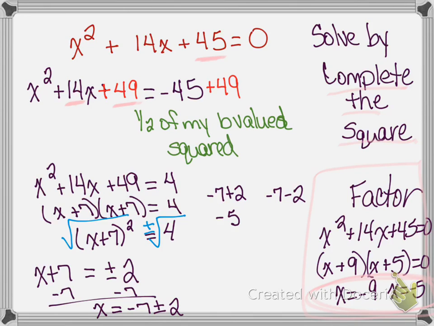Negative 7 minus 2 is negative 9. Did I get the same thing? And that was our goal, to get the same thing.